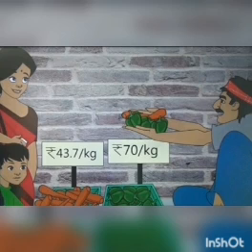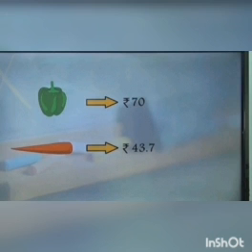The carrot costs rupees 43.7 per kg and the capsicum costs rupees 70 per kg. She bought 1 kg of each, so she needs to pay rupees 70 for capsicum and 43.7 for carrot. So what is the total amount she needs to pay?